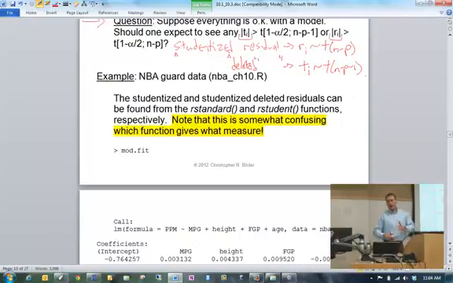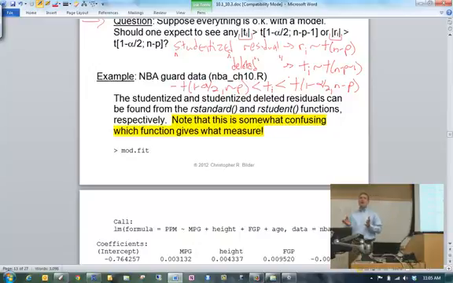So, for example, with a studentized residual, we would look to see if all of them are between the negative 1 minus alpha divided by 2 quantile from a t-distribution, and as an upper bound, just the 1 minus alpha divided by 2 quantile from that corresponding t-distribution. If you have a studentized residual within there, it's okay. It's not an outlier. If you have something outside there, then you're going to start worrying if maybe the model's not fitting that particular observation well.